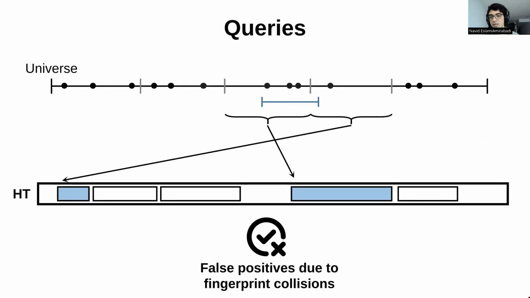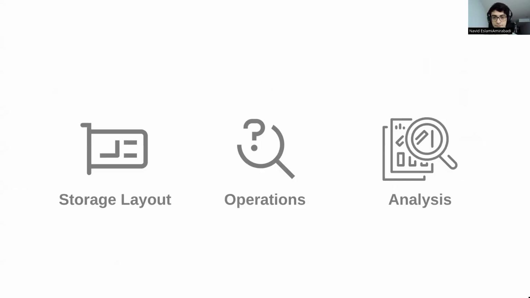So it might be the case that an empty partition might accidentally match a fingerprint that's stored for a non-empty partition. So when the Memento filter looks at the mementos of that non-empty partition, it might accidentally return a false positive. So false positives occur due to having fingerprint collisions. They're not caused by the mementos themselves.